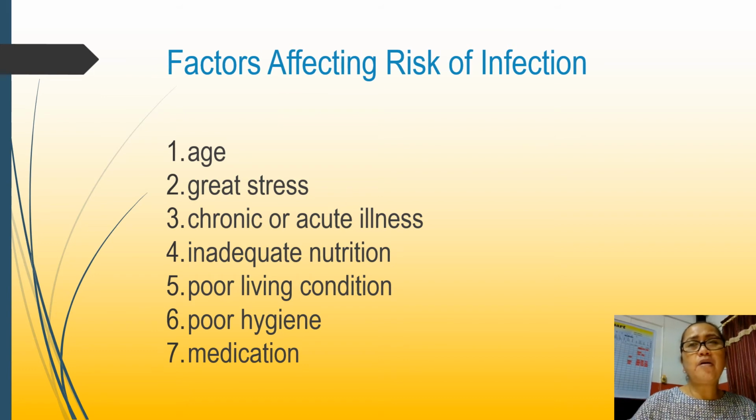Instead of avoiding COVID, you help a person with COVID without proper protective equipment. Number 3, we have chronic presence of illness, or acute illness. We have discussed that one already. Inadequate nutrition, lacking food, no protein, no vitamin C, making one at risk of infection. And we have also poor living conditions, so your place in the squatters area, wherein microorganisms have a tendency to spread very quickly.